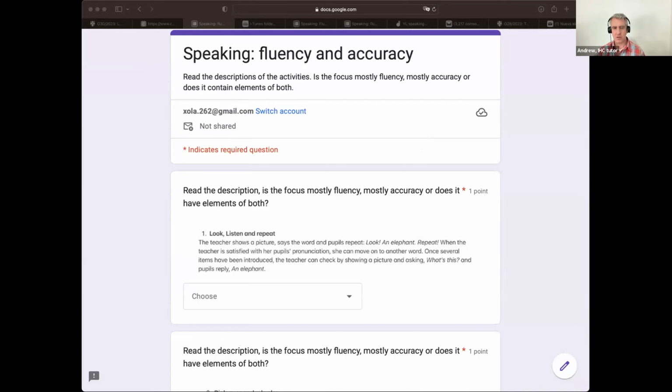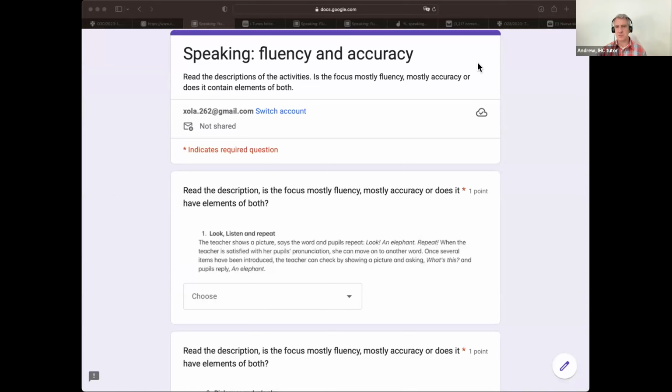When you're working on an accuracy activity, usually we're concerned with producing language correctly. There you go.